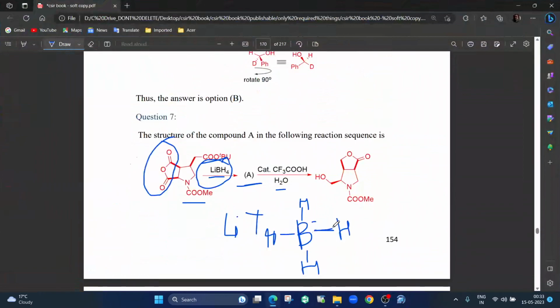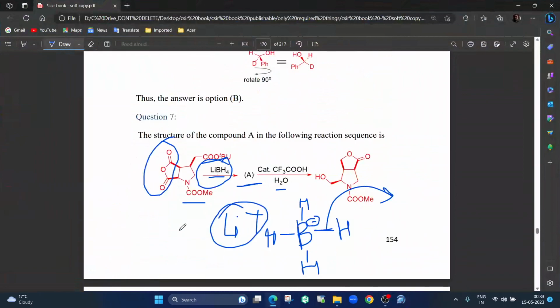Sigma bonds are rarely nucleophilic, but here because of this negative charge the B-H bond is nucleophilic, and therefore they reduce by hydride donation, H minus donation, right? So it is the same for NaBH4, same for LiBH4. So why the difference? The difference is because it is Li plus.